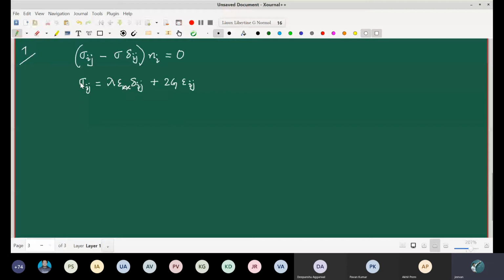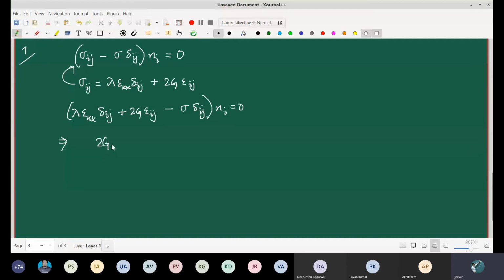There is no harm. So this is lambda epsilon kk delta ij plus twice g epsilon ij. The second term remains as it is. Now you see this delta ij term is present here also, so perhaps we can take these two things common.